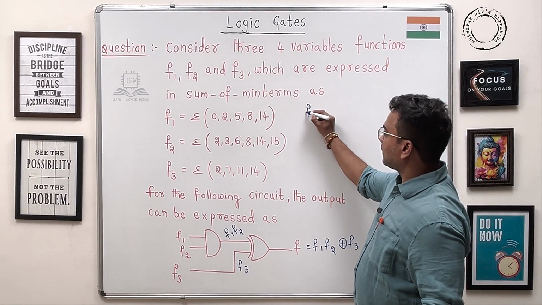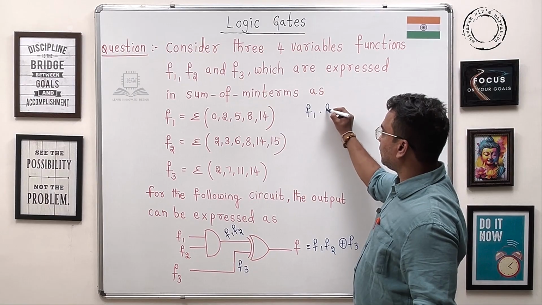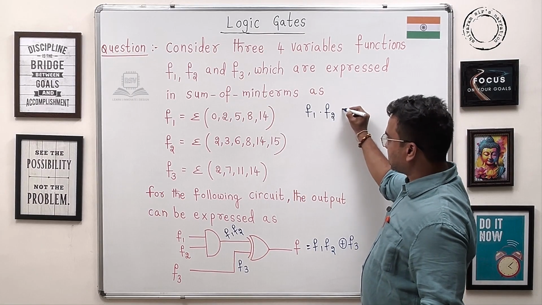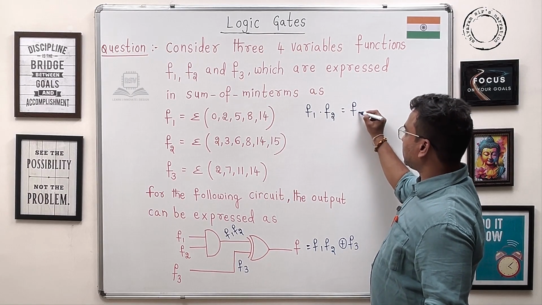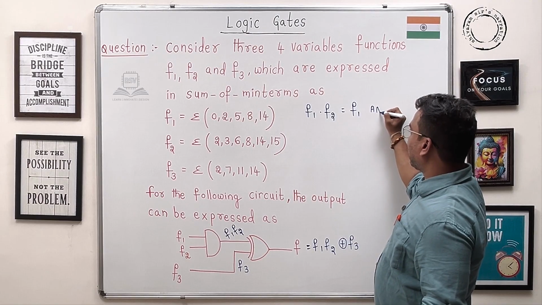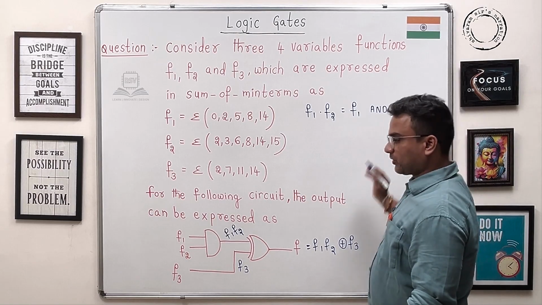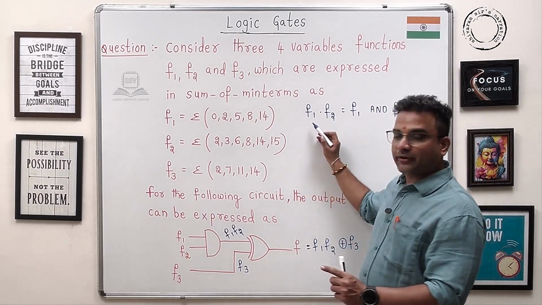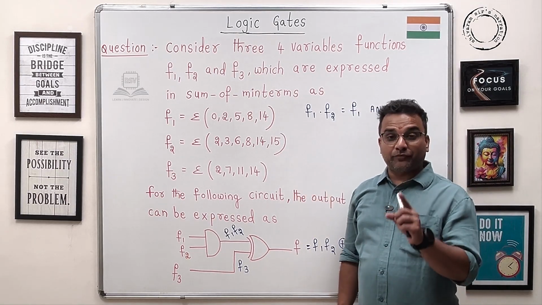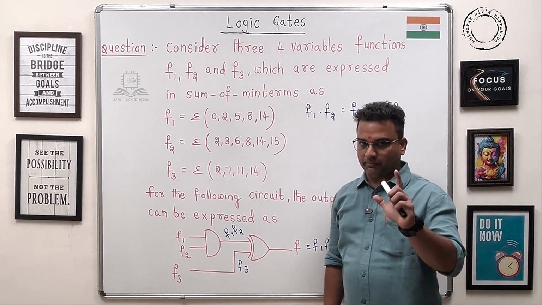Now, coming to the AND operation. Guys, if it is F1 into F2, that means, exactly speaking, that is F1 and F2 only. Okay, exactly speaking, it is not F1 into F2. It is F1 and F2. Remember.